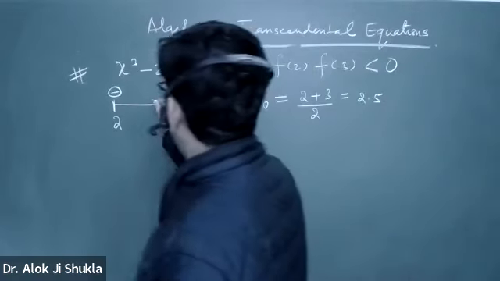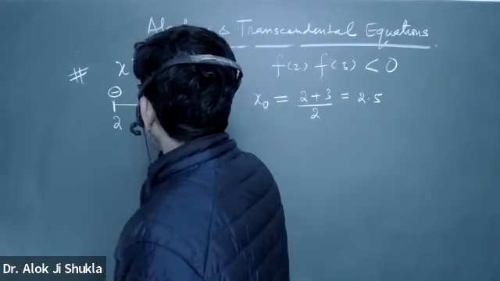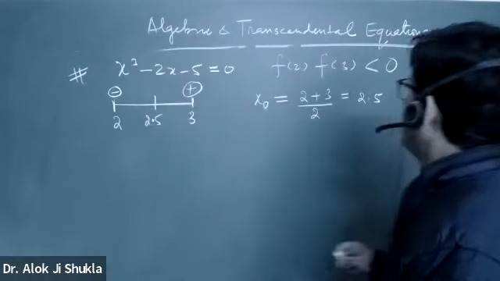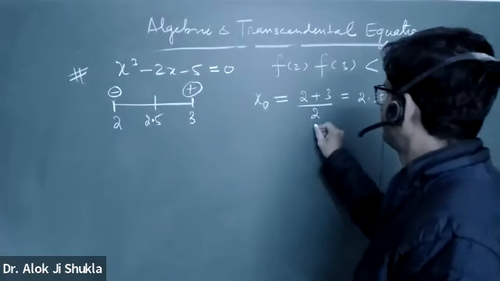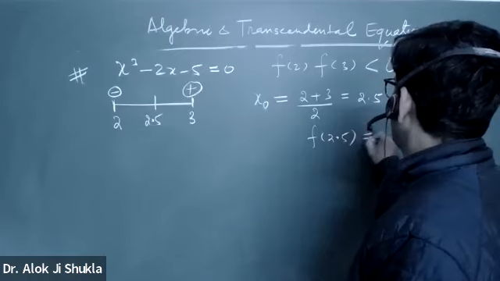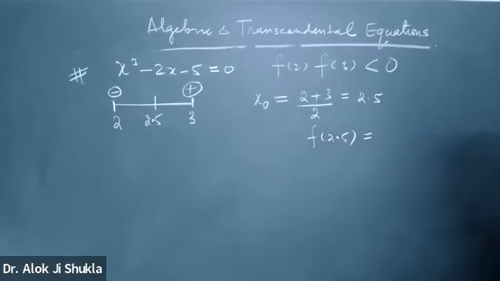So 2.5 will be like here. And what is the value at f2.5? Check. Use calculator frequently ताकि हम अच्छे questions कर पाएं. 5.625.